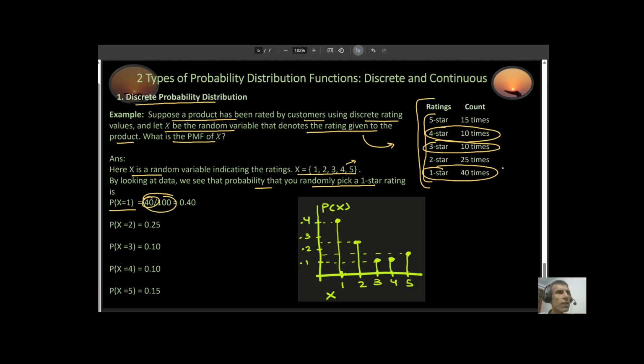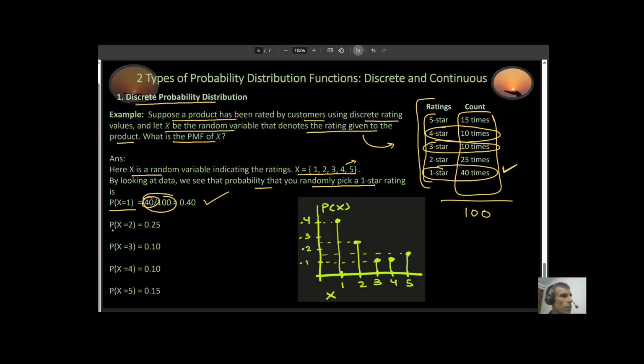If you look right here, 40 people gave 1 star. So the numerator is 40, divided by the total. If you count all these numbers, your total is going to be 100. So it's 40 divided by 100, and the answer is 0.4.